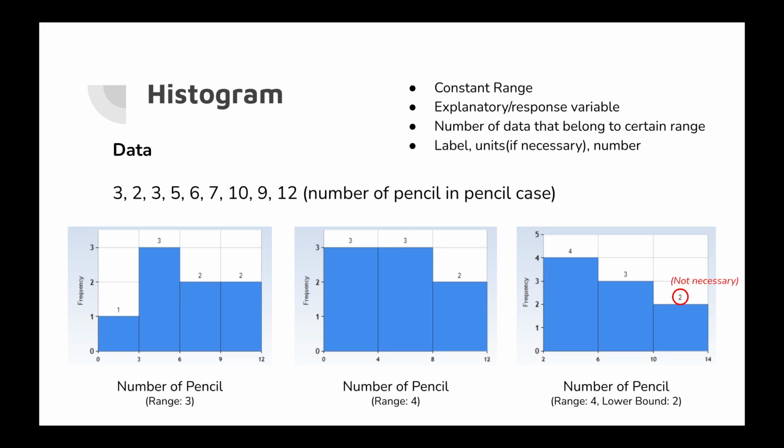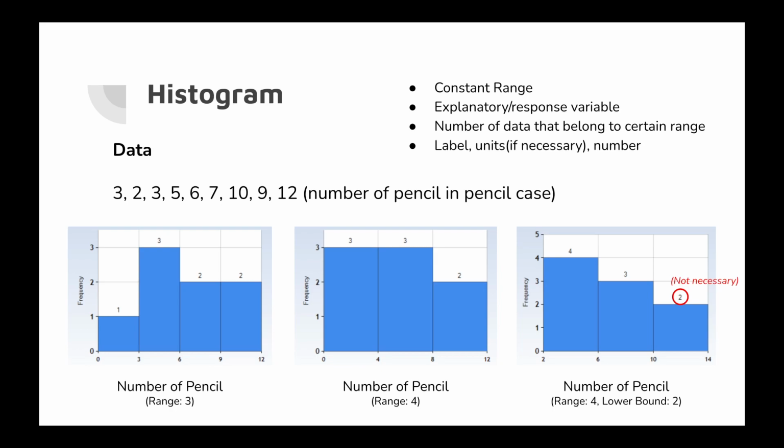For the second one, I changed the range to 4 so that a single range can contain more data. And lastly, I used the same range 4, but this time I set my lower bound as 2 so that I don't have to represent any unnecessary data on my graph.